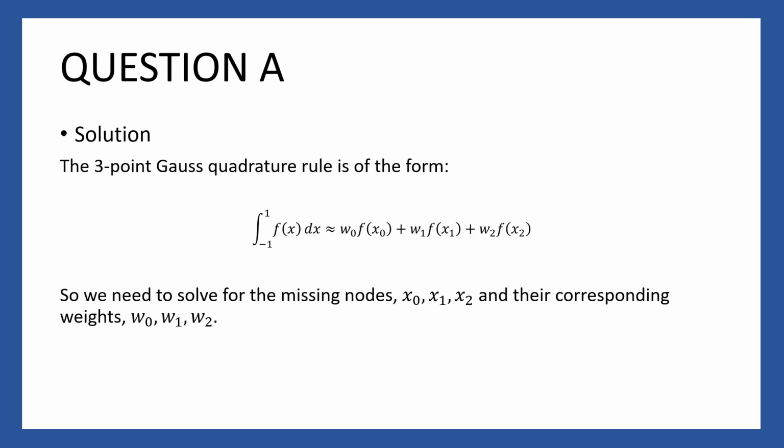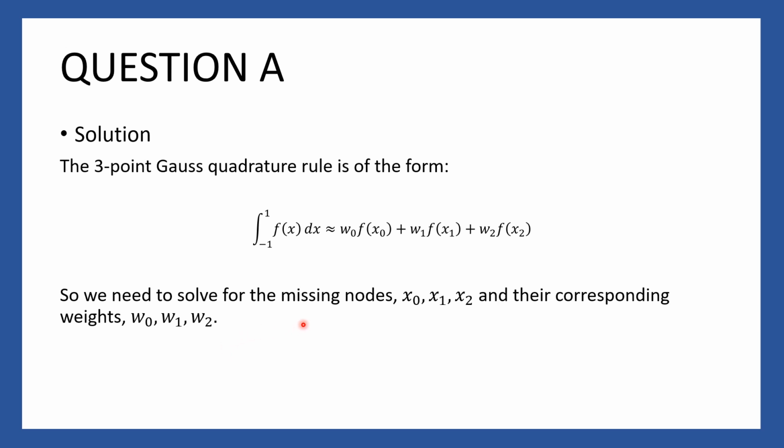So the 3-point Gauss quadrature rule that we've been asked to create is of the form integral from -1 to 1 of f of x dx approximately w0 multiplied by the function at x0 plus w1 multiplied by the function at x1 plus w2 multiplied by the function at x2.